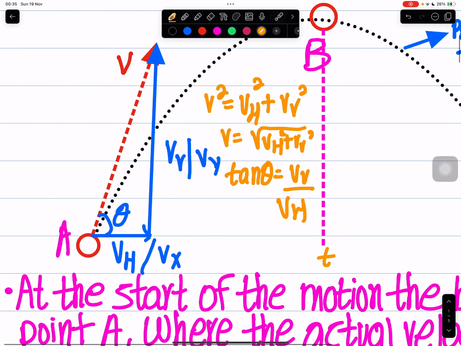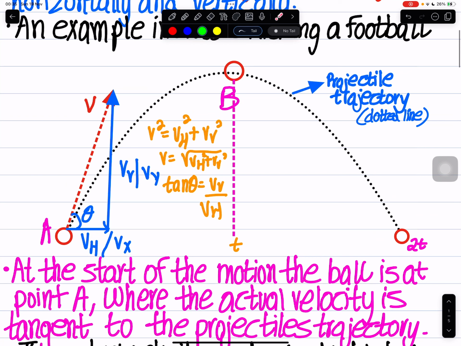And sometimes the examiner asks for maximum kinetic energy. Maximum kinetic energy will be over here at point A and at point C. And maximum gravitational potential energy is at point B, because it is at the highest point above the ground.